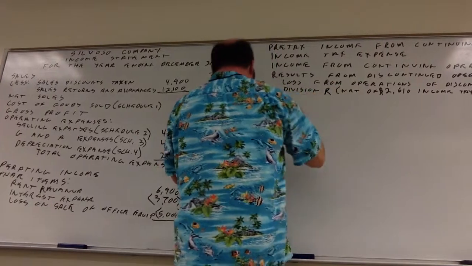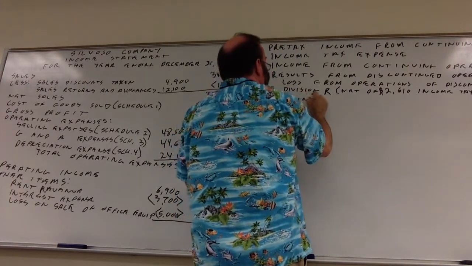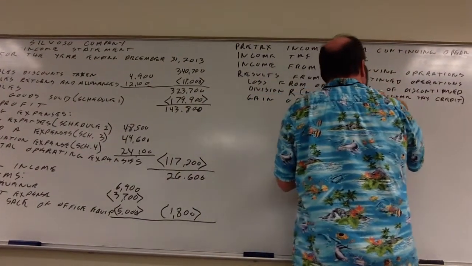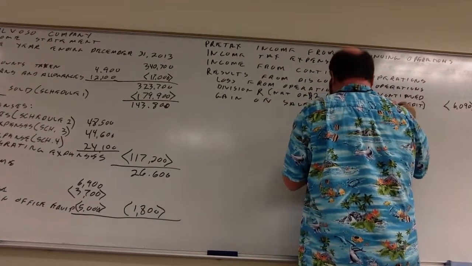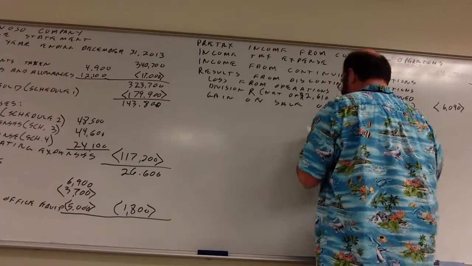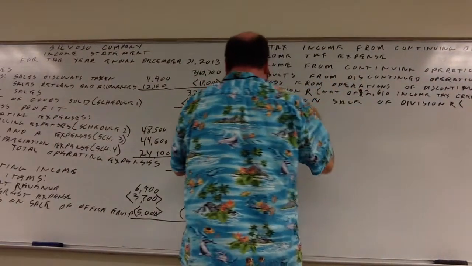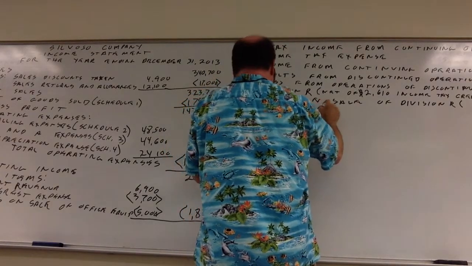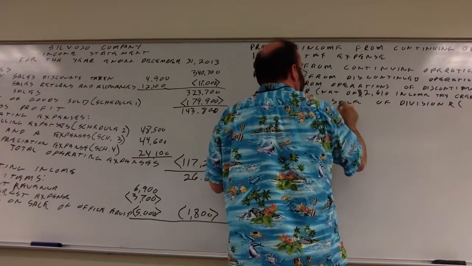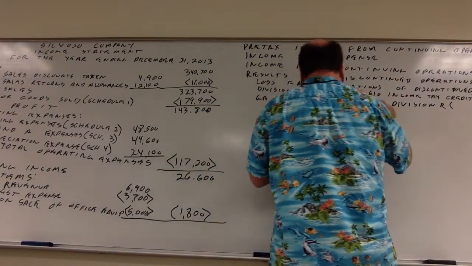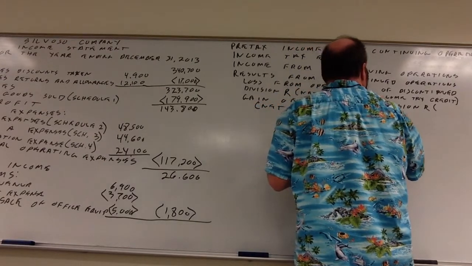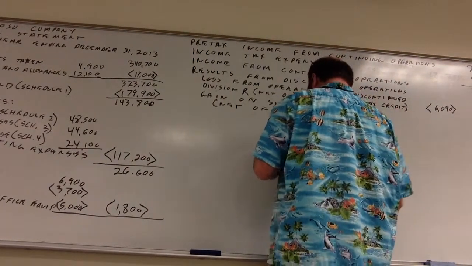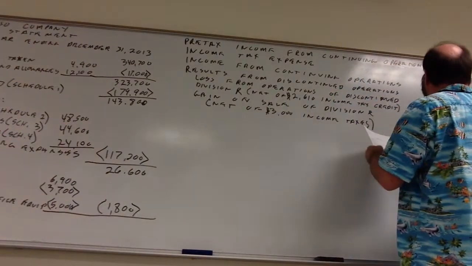So we now have a gain on sale of Division R, and this is going to be net of $3,000 income taxes. $7,000.